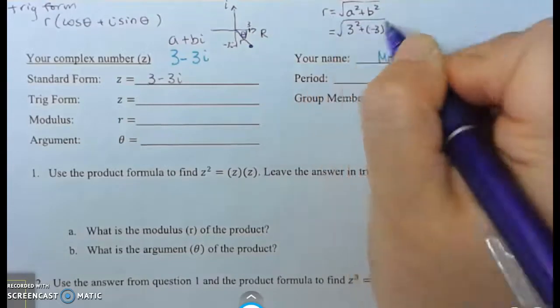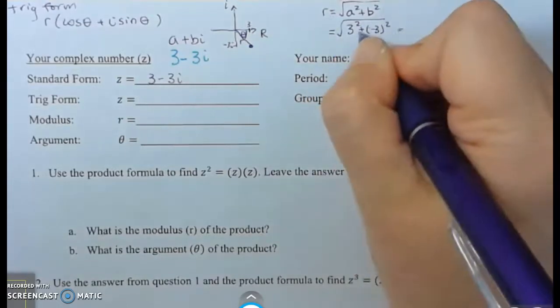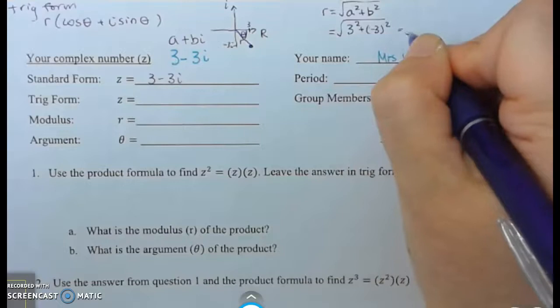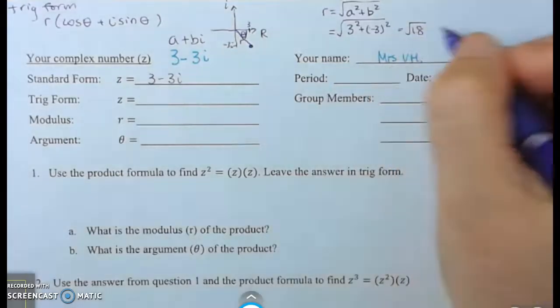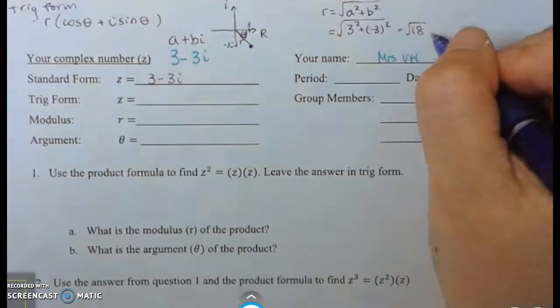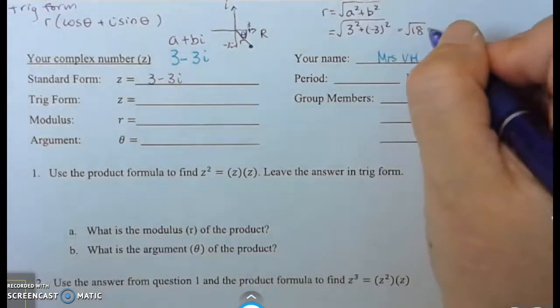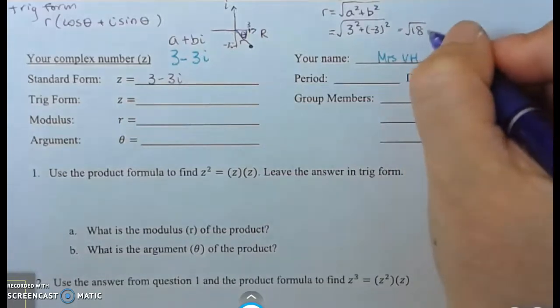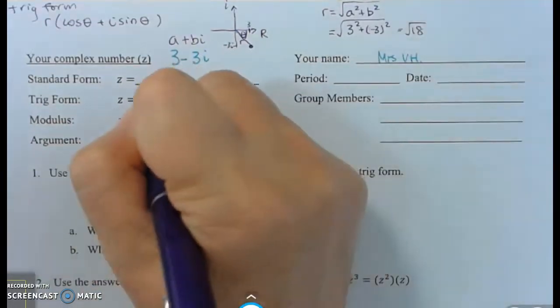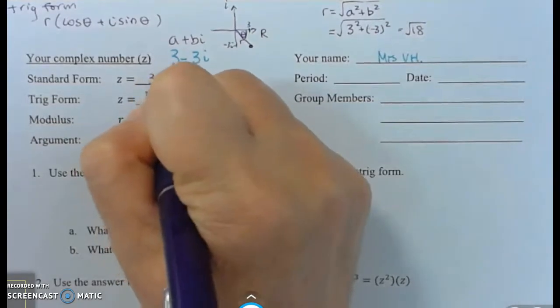And that is the same as 9 plus 9, which is 18. I am just going to leave it as square root of 18. Yes, I can simplify this to 3 root 2, but for the sake of seeing the pattern, I'm just going to leave it as square root of 18.